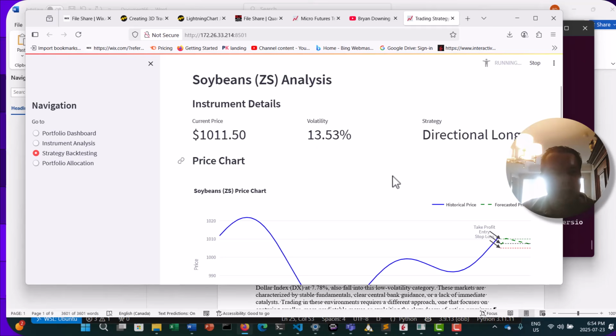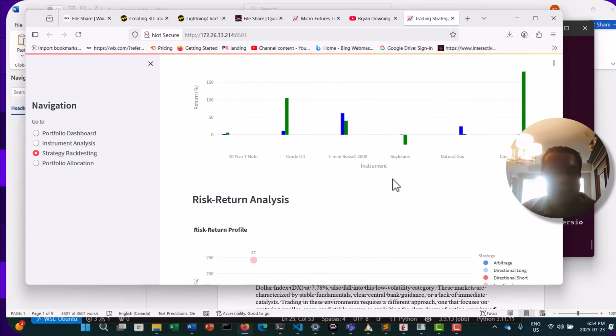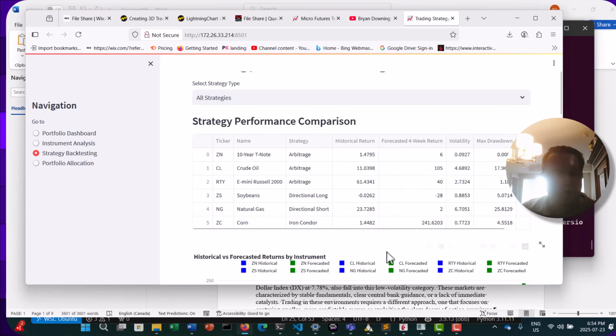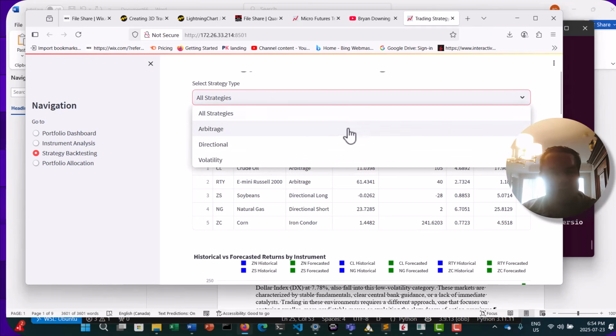So now we can look at the individual back tested strategies. Here's the overall strategy based upon all the different strategies we have. Again, we have the arbitrage, directional, volatility.